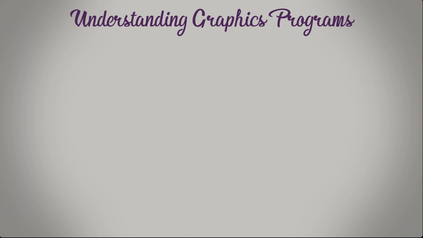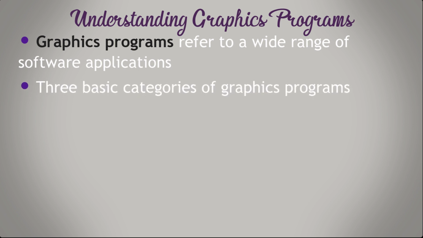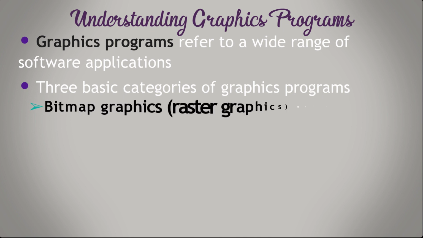Understanding graphics programs. The term graphic program can refer to a wide range of software applications. Generally speaking, though, graphic programs fall into three basic categories: bitmap, vector, and animation. You can think of bitmap graphics, also called raster graphics, as very sophisticated mosaics.